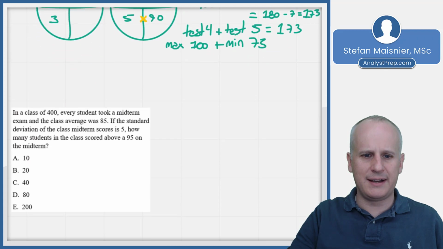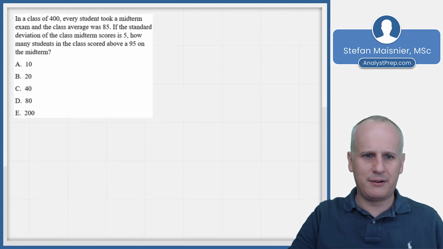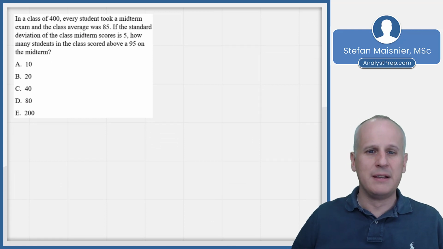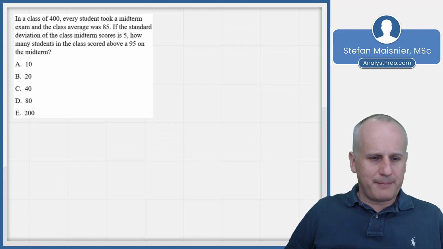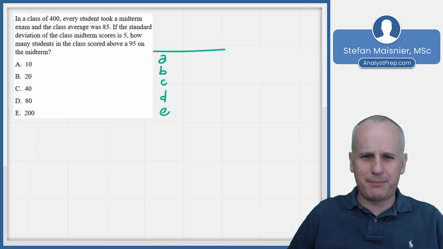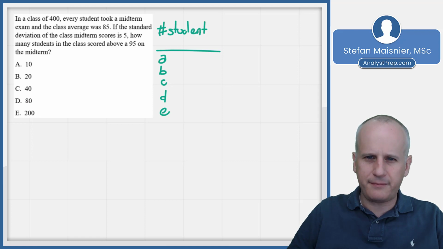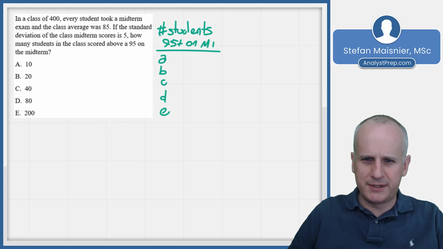So let's scroll on down and we'll take a look at one more example here about statistics. So setting up our scratch work once more, we've got A, B, C, D, E, put a little line over top, and we are being asked for the number of students 95 plus on MT for midterm.